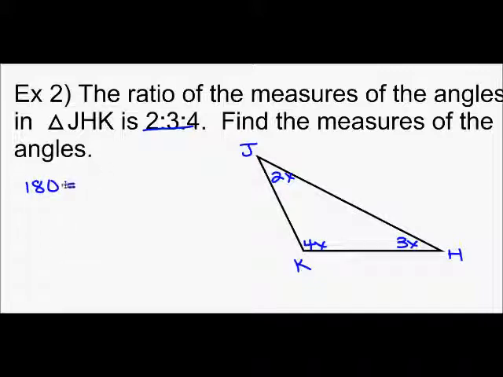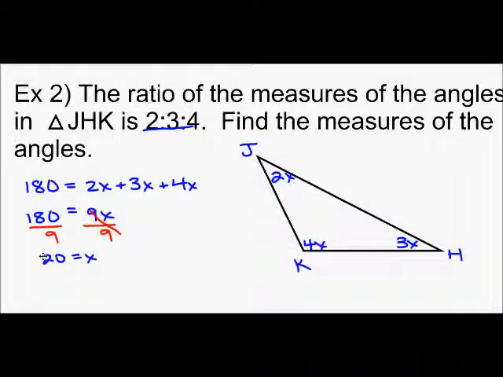So 180 is equal to my 2x plus 3x plus 4x. If I combine my like terms, I get 9x. And I can solve for x by dividing by 9. So x is 20.